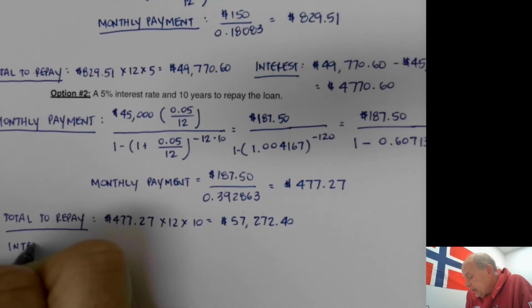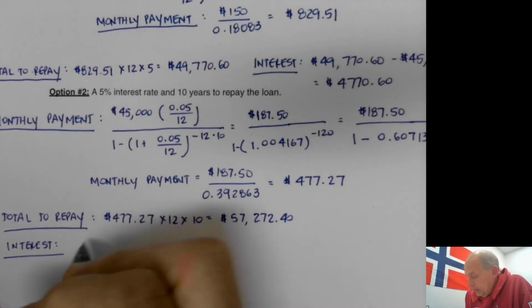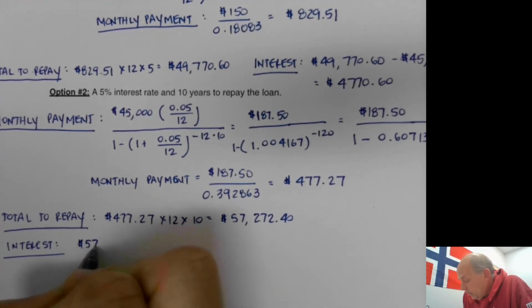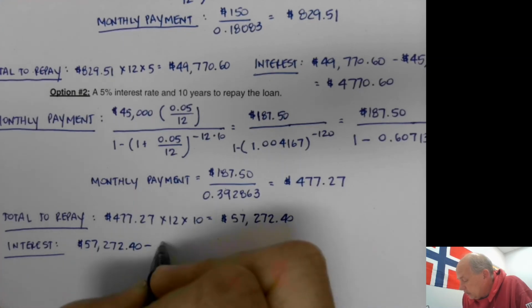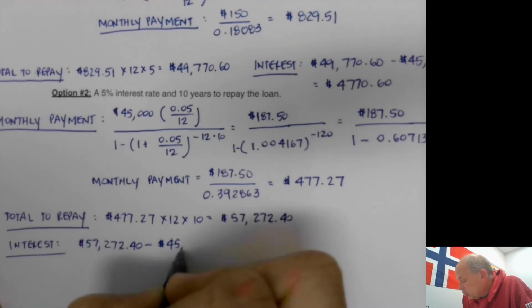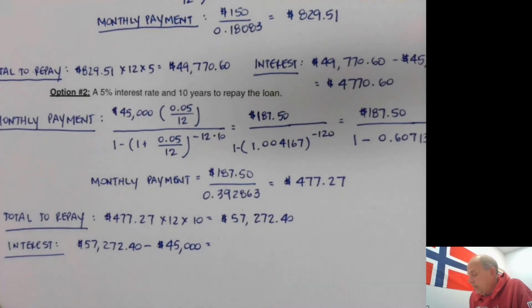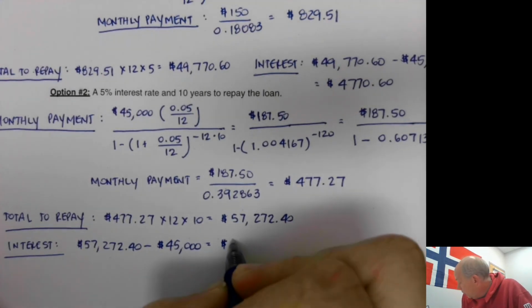And the interest that I have to pay back, I take the total amount that I have, $57,272.40, and I subtract $45,000, the amount that I borrowed.